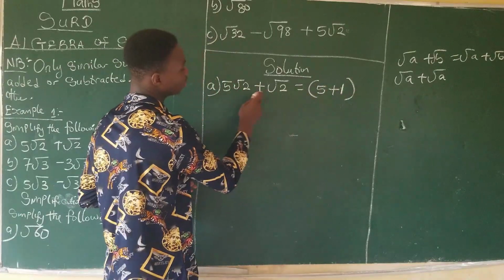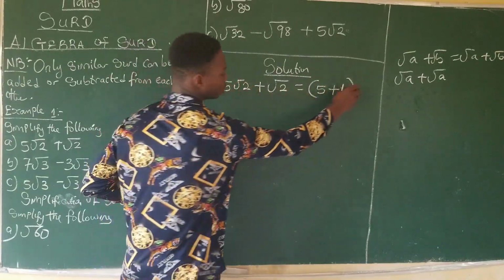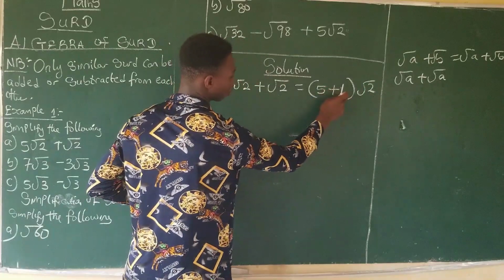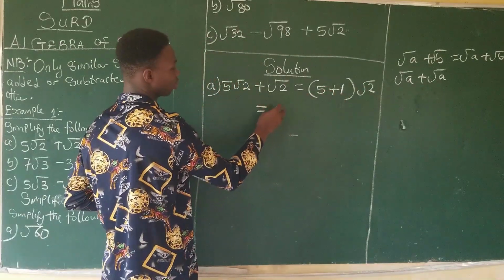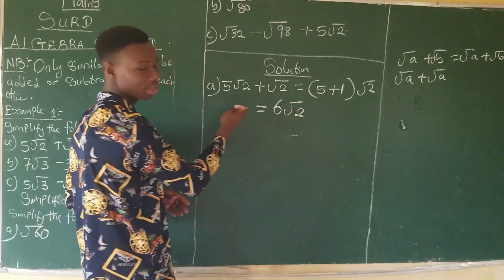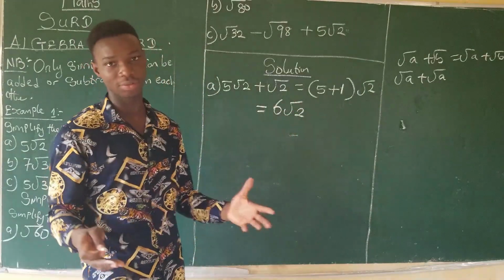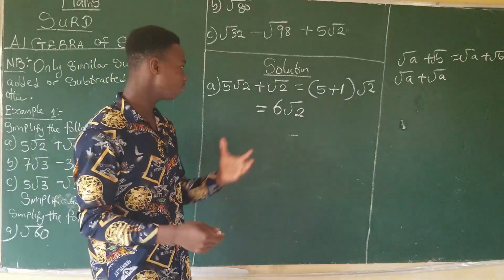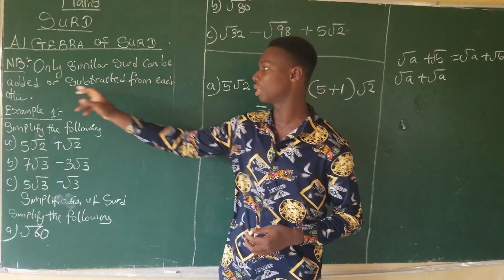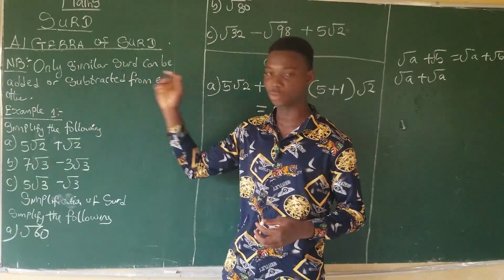From these two roots, pick one of them and write it out as root 2. So 5 plus 1, your final answer becomes 6 root 2. You can see solving this kind of question is very simple and straightforward, if only you obey this principle: only similar surds can be added or subtracted from each other.